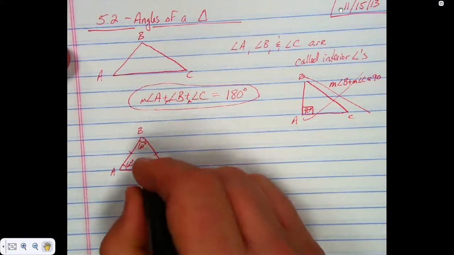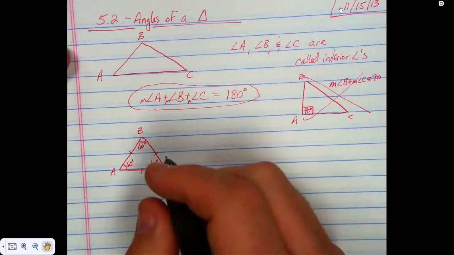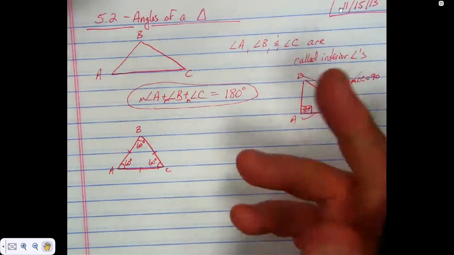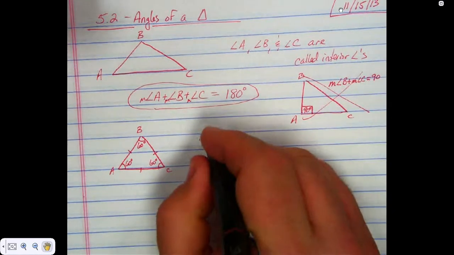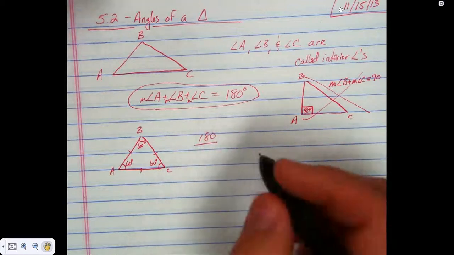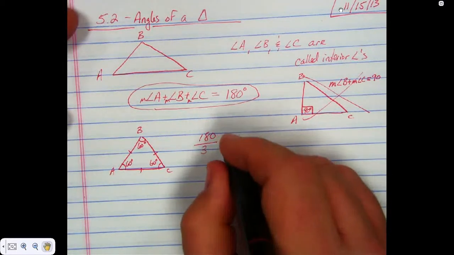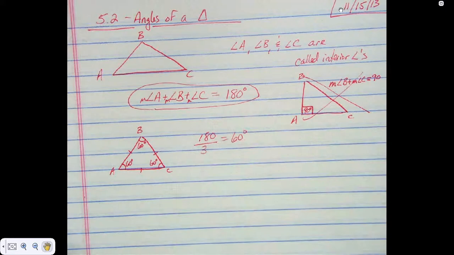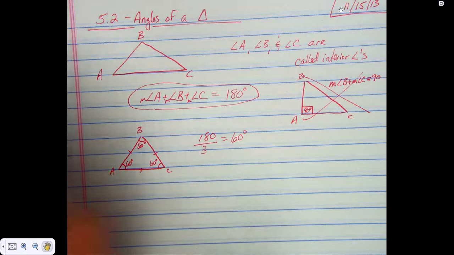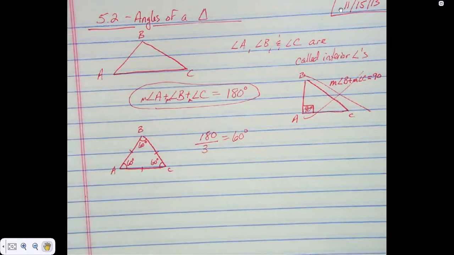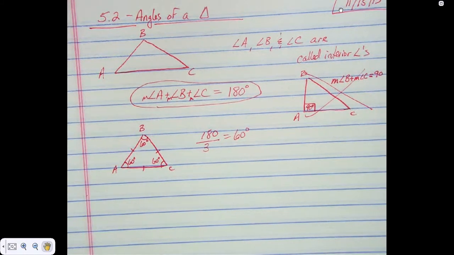In your own words. Because they all have to be the same and equal 180. There's only one way to split up 180 in 3 equal ways, and that's divided by 3, and what do you get? 60. There's only one way to split up 180 into 3 equal parts. That's 60, 60, 60. So that's easy enough, isn't it?